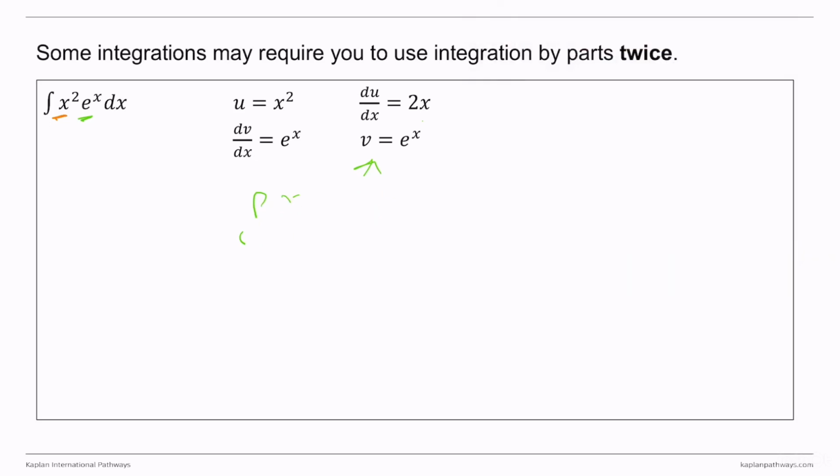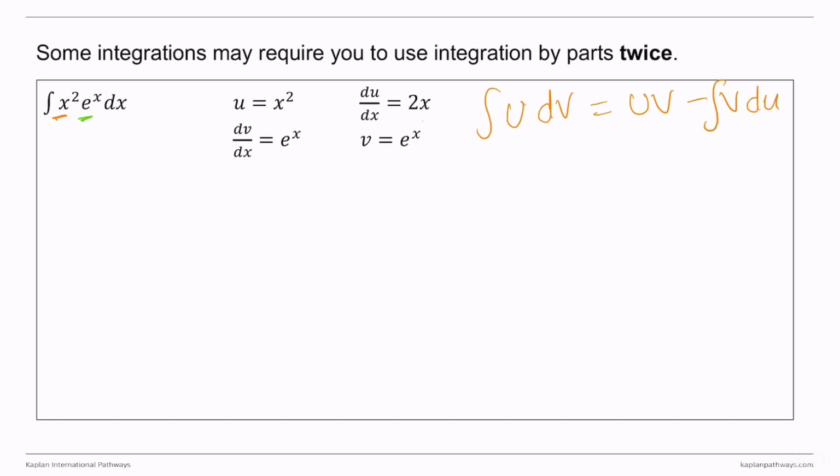Okay, let's take this away. Now we will apply the rule to solve this question. The rule says the integration of u dv equals uv minus the integration of v du.